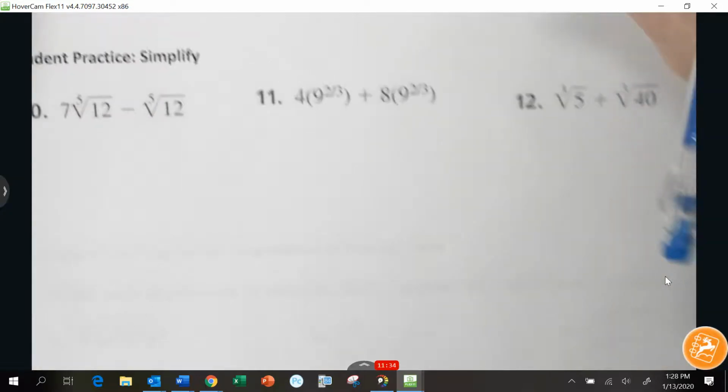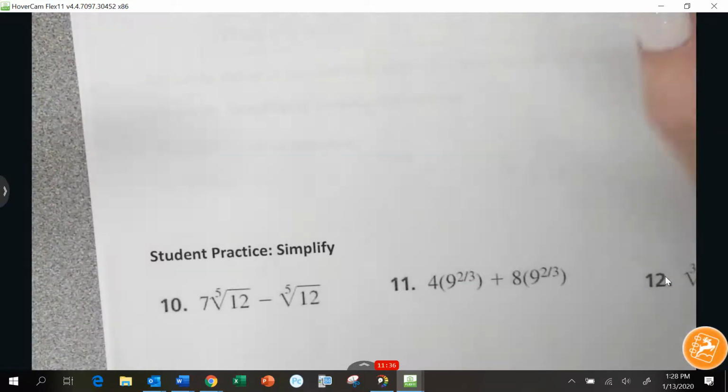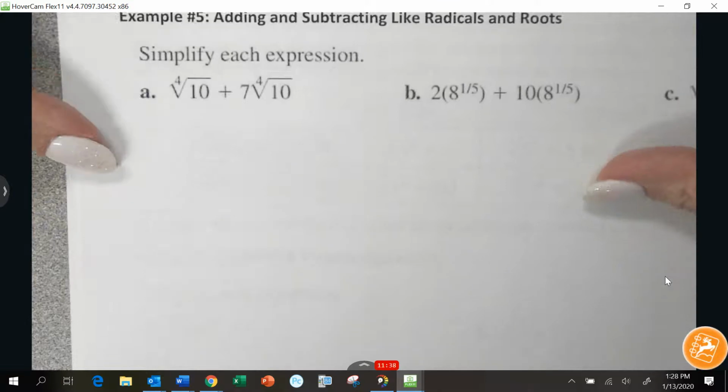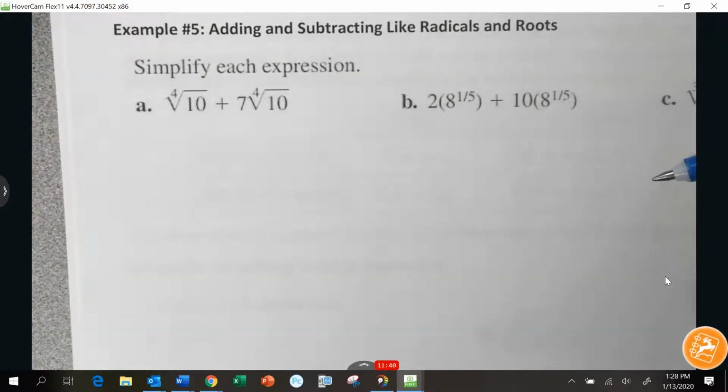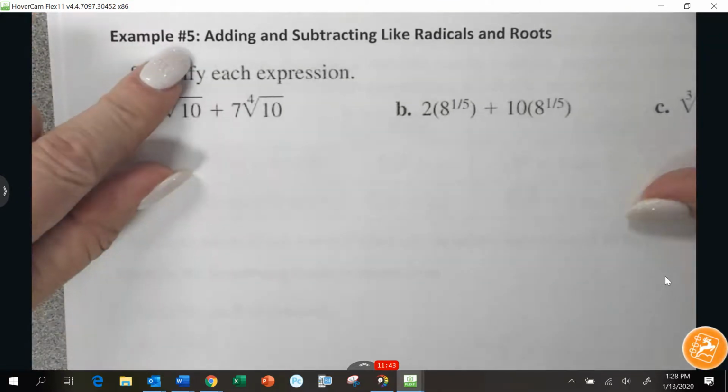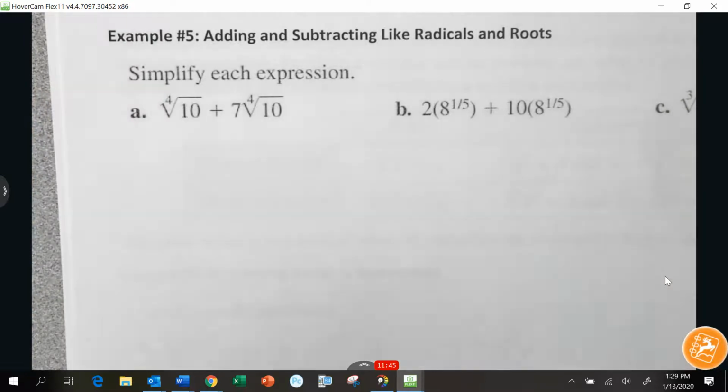So that's why I'm skipping around a little bit, and you'll see the homework skips around a little bit too. So I actually skipped an entire page. So now I went all the way to example 5. I'm saving some special stuff for tomorrow.